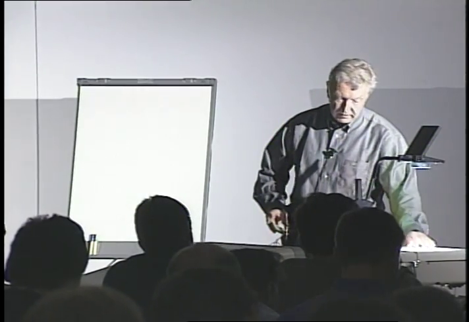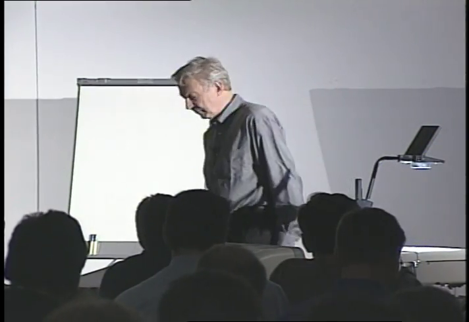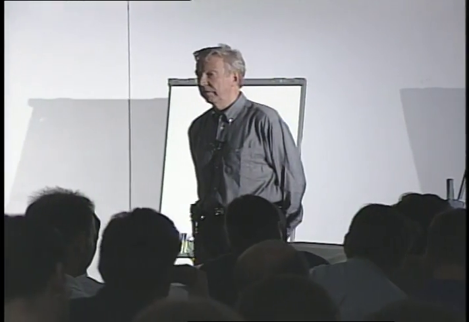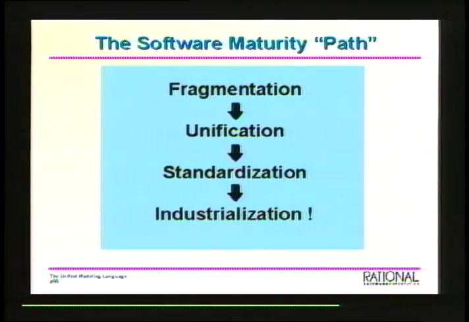I think we have seen in the past a fragmentation, a lot of different methods being out there, and we are now seeing a unification. Unification between methodologists and also over different areas, not only software but also business engineering and systems engineering in general.